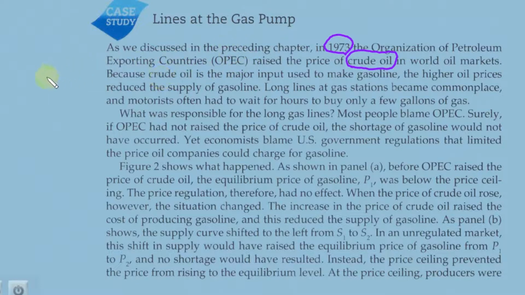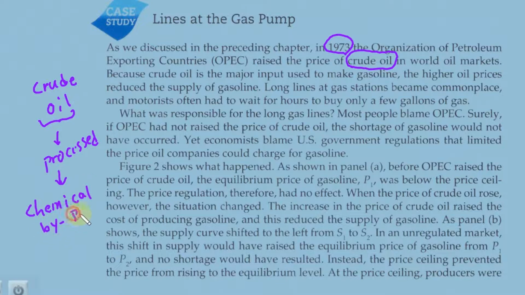Once crude oil is processed, lots of byproducts come out of it: gasoline, plastic, and lots of chemical byproducts, right?